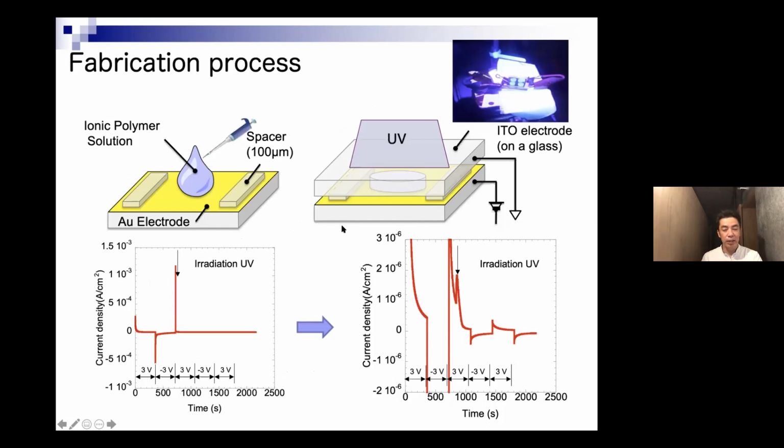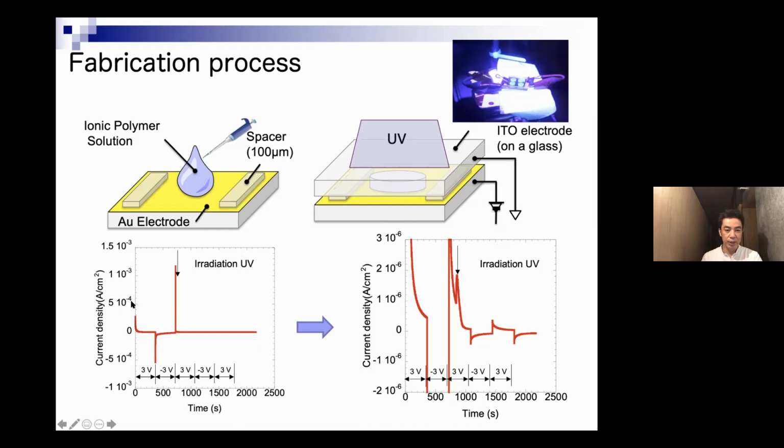As I showed you, this is the fabrication process. We mix the polymer and the ions, and then sandwich them between two electrodes. To shine the UV light, on one side we are using an ITO electrode.